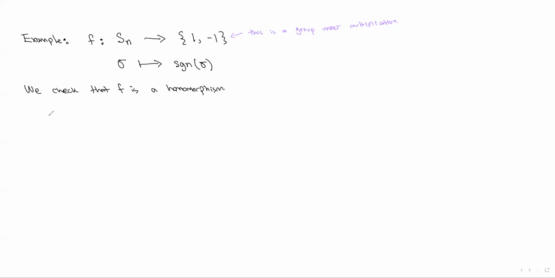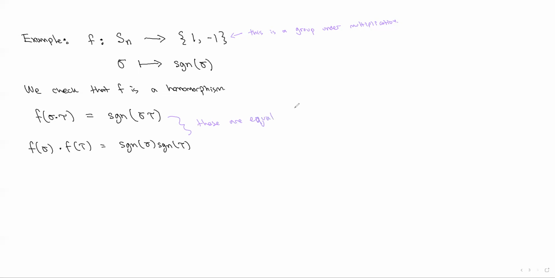Because F of sigma tau is equal to the sign of sigma tau, while F of sigma times F of tau is equal to the sign of sigma times the sign of tau, and these are equal. It's just a property of sign.